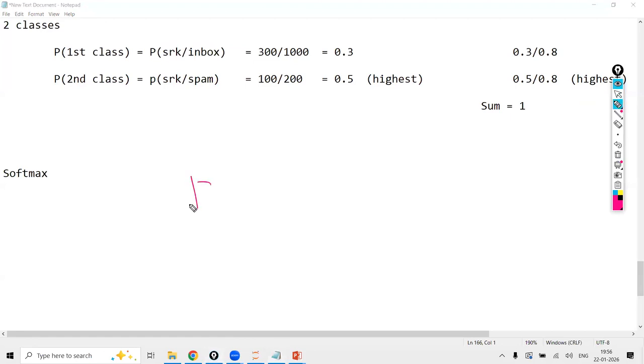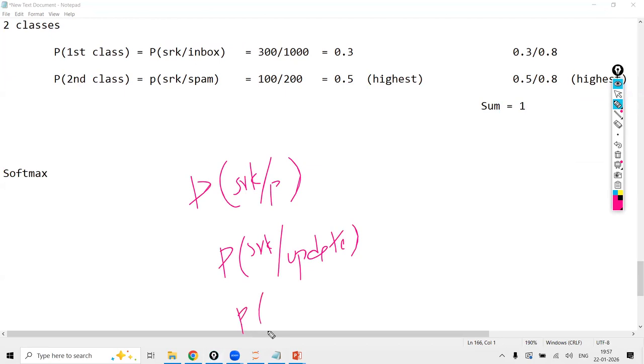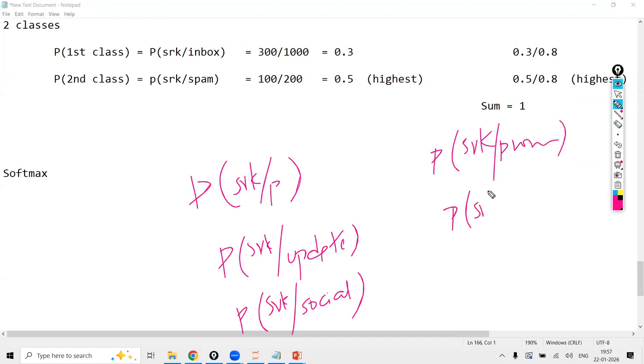What is the probability of SRK in the updates? What is the probability of SRK within the social? What is the probability of SRK in the promotions? What is the probability of SRK in the spam?